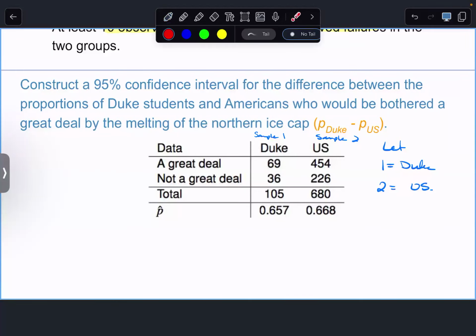Making this X1, 454 is X2. I have N1 minus X1, N2 minus X2, and N1, N2, and then P1 hat, P2 hat. She's rounded to 3 decimal places.